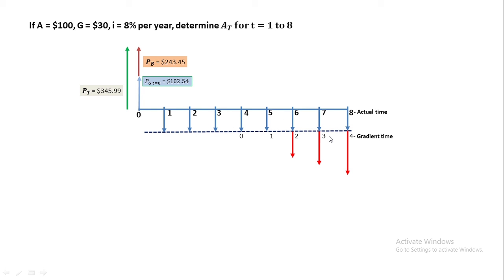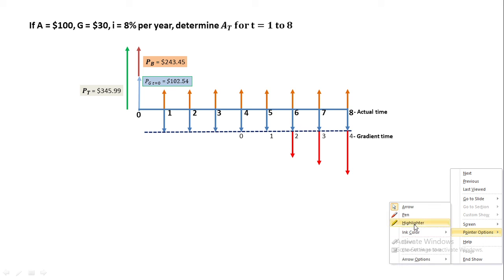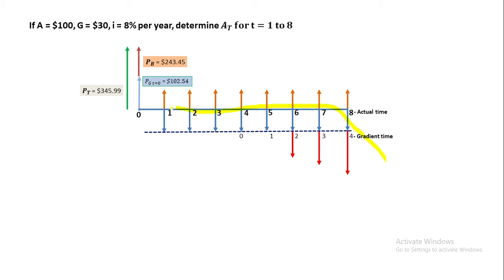And then we need to find this arrow, the value of this arrow, which is the equivalent uniform series of this gradient, which is the orange one.